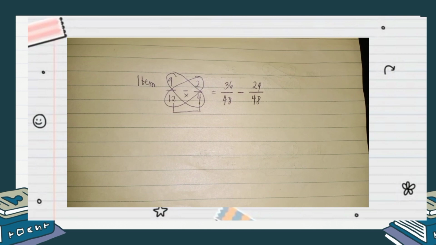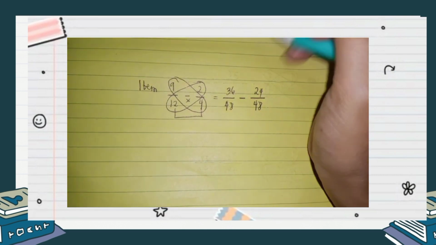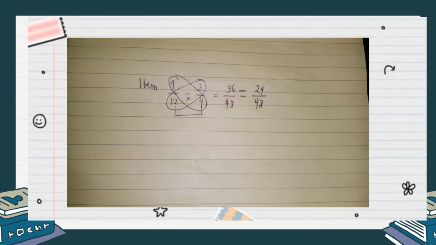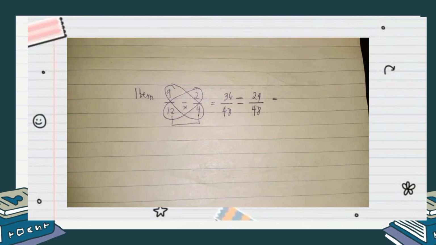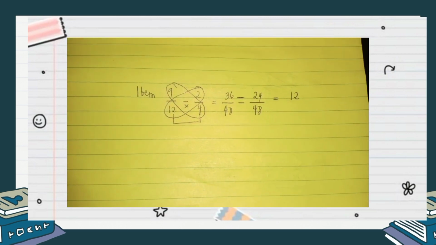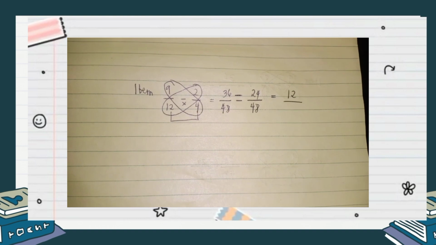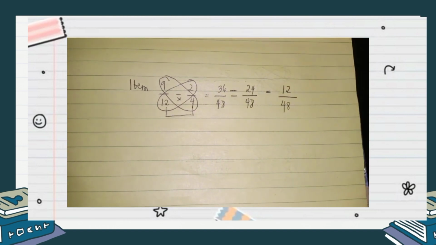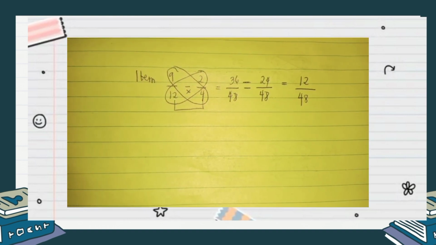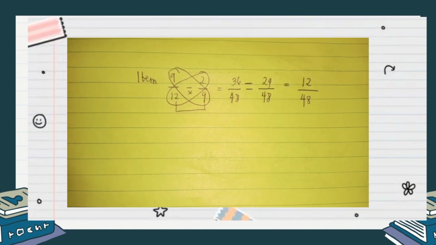So the denominators of the first fraction and the second fraction are now similar. Next, we subtract 36 minus 24, which is equal to 12. For the denominator, we copy the 48. The numerator is 12 and the denominator is 48.